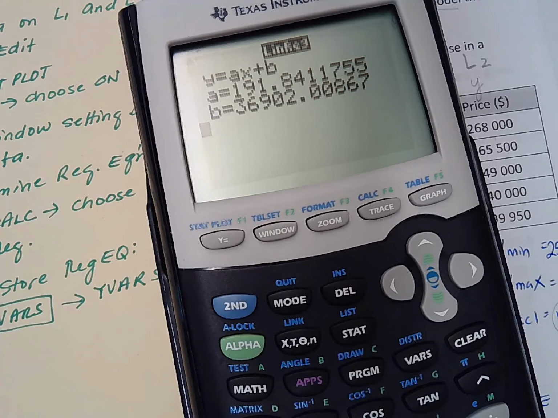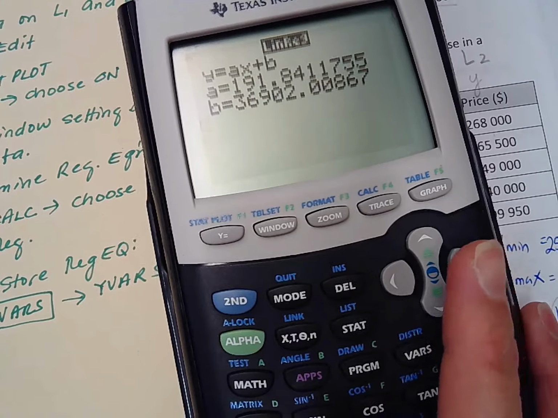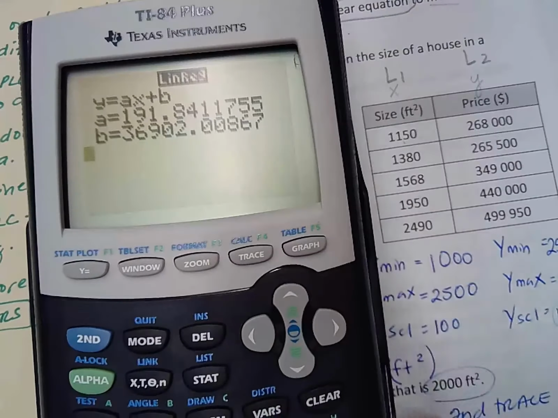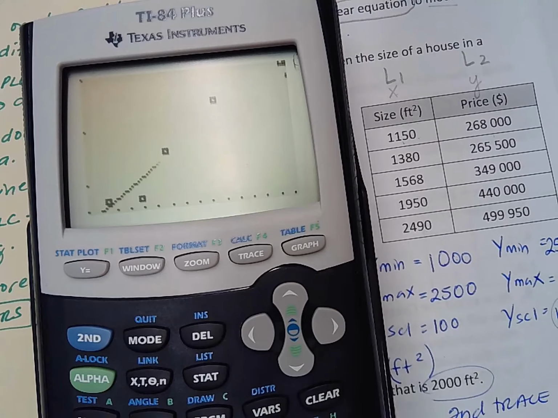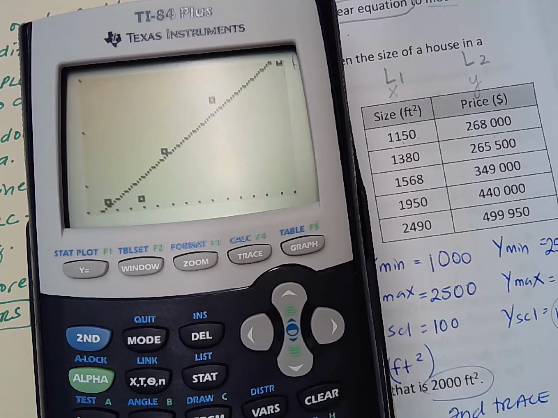Is that good? Now hit graph again. Now you should have the points and the graph.